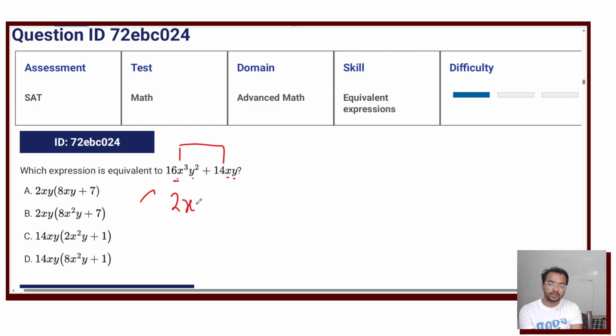So you can bring this 2xy out. From this x cube, one x has been taken out, so you will be left with x square. From this y square, one y has been taken, so you'll be left with y. And 1 8 will be there. And this 14xy has been taken common, you will be left with this. So the equivalent expression will be 2xy, 8x squared y plus 7. So it's going to be B.